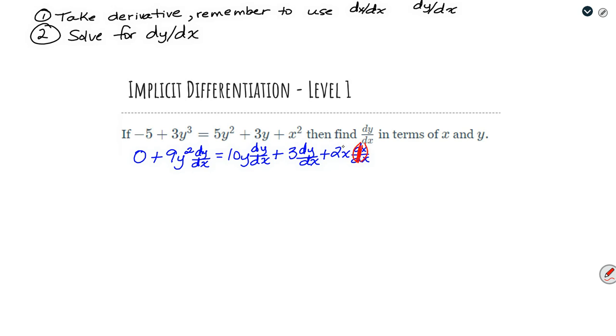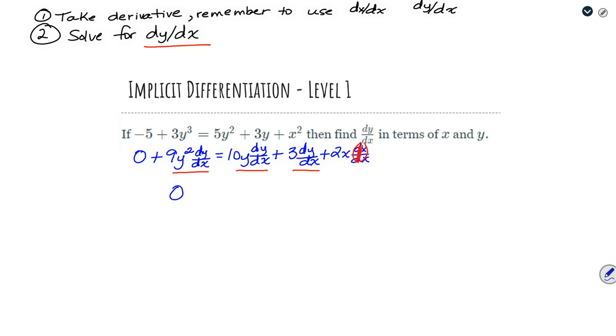All right, so we've taken the derivative. Now I want to solve for dy dx, which means I need to look at all the places where there is a dy dx. And I want to isolate those. So I'm thinking I'm going to move all my dy dx's over to the right side. So I'll subtract 9y squared dy dx.